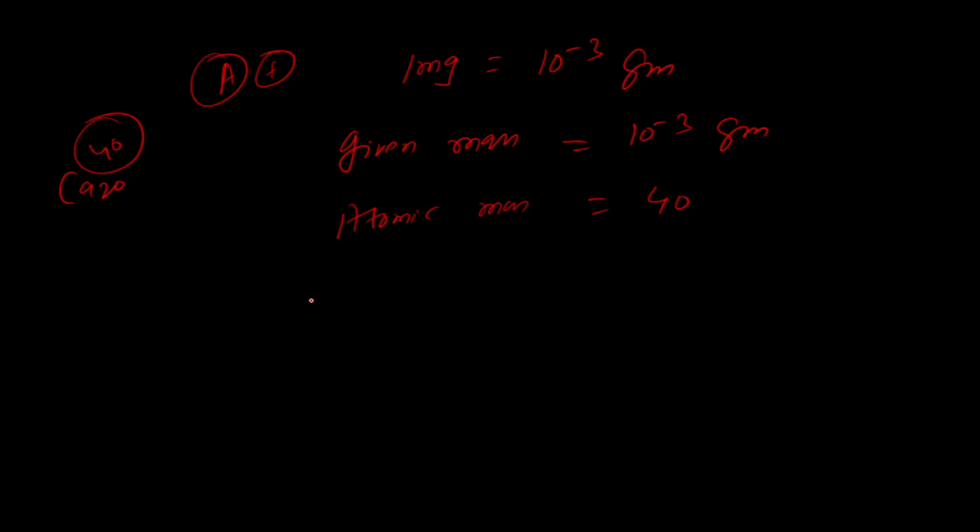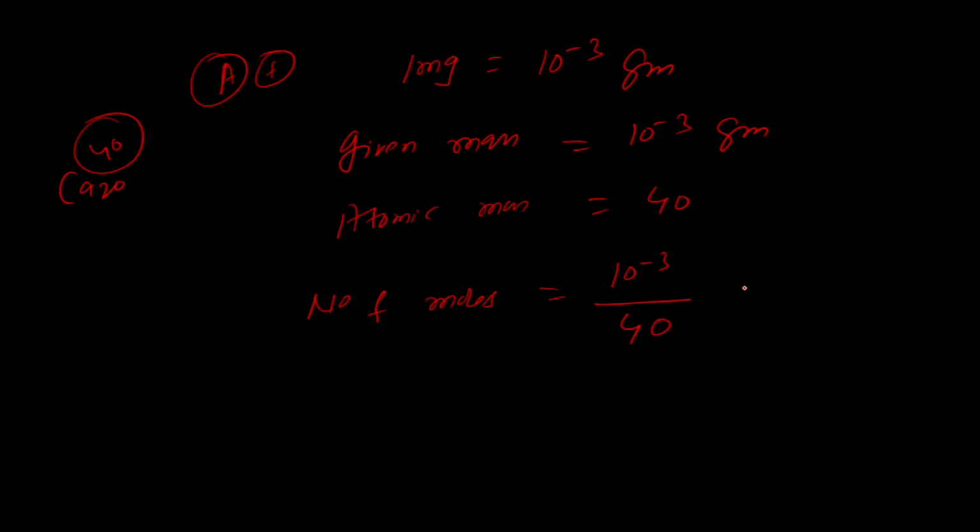So directly we can use the formula: number of moles is equal to given mass, 10 power minus 3, divided by atomic mass, which is 40. When you solve this, your answer will come 1.975 into 10 power minus 4 mole. So this much mole you will get as the answer.